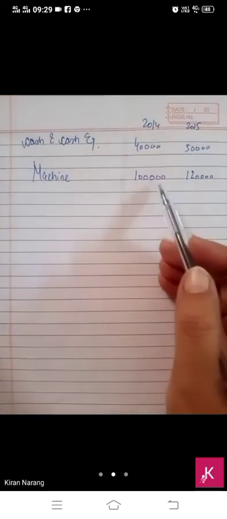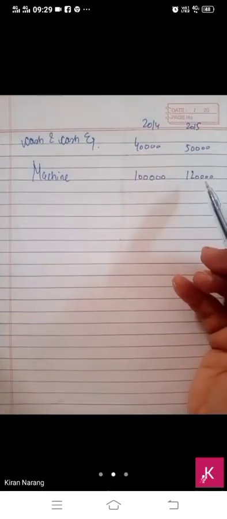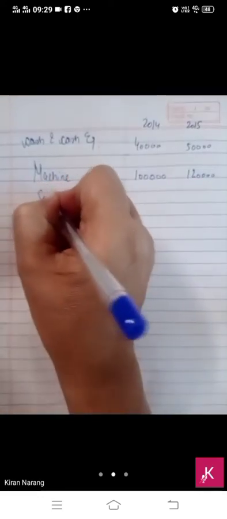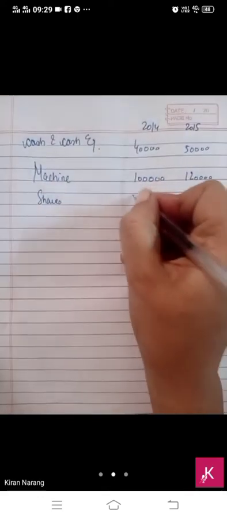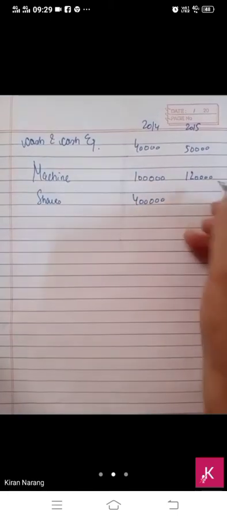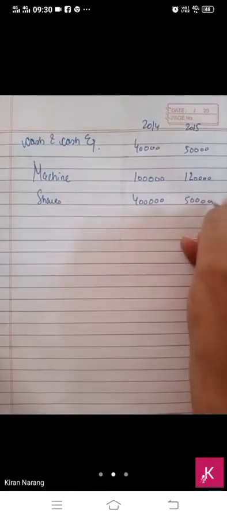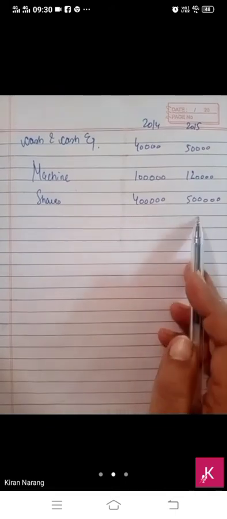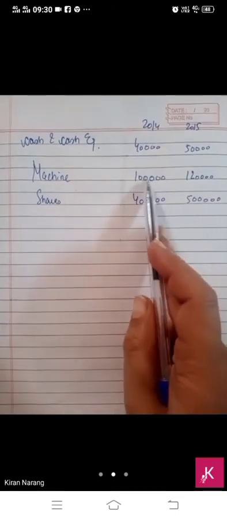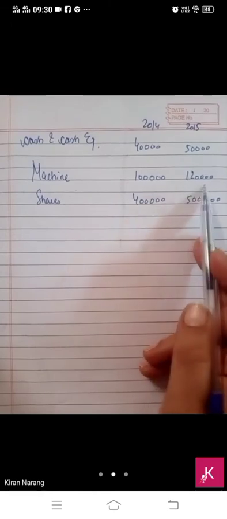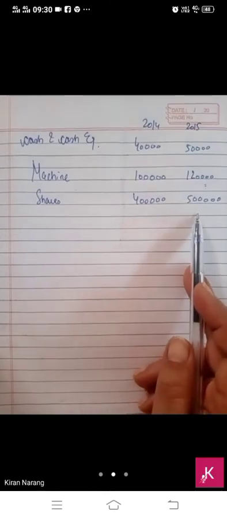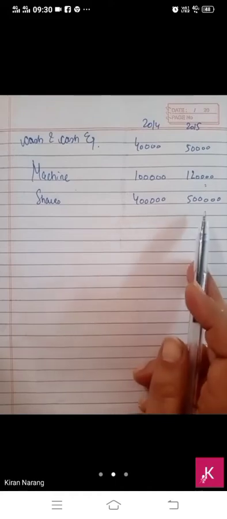That you have purchased the machine. Similarly, shares will be given to you in this form: 2014 4 lakh, 2015 5 lakh. It indicates issue of shares. It indicates purchase of investment, purchase of fixed asset, and it indicates the issue of shares.